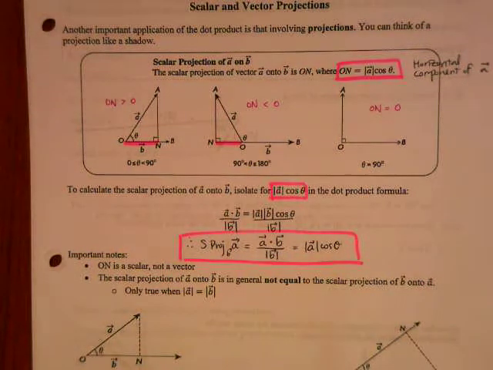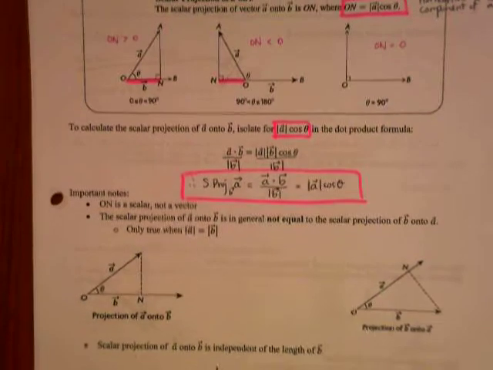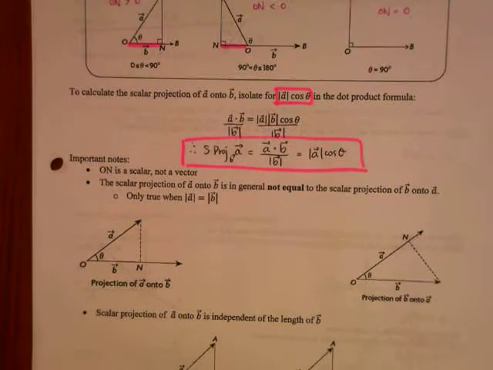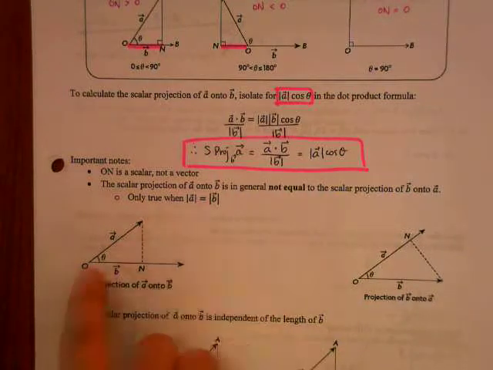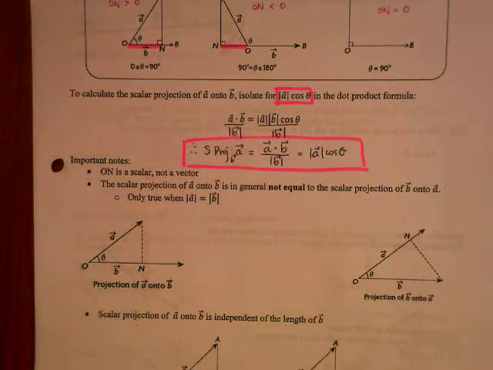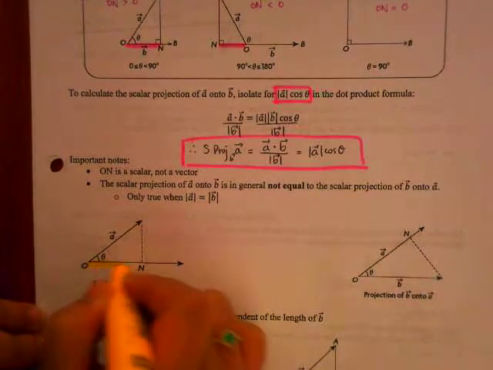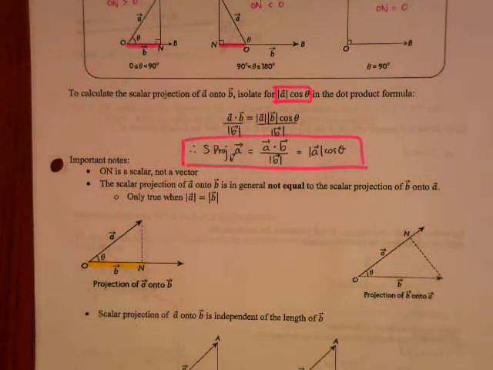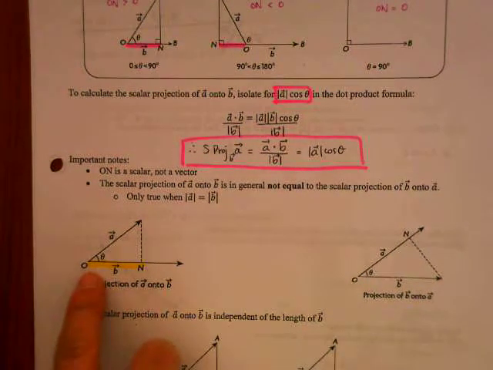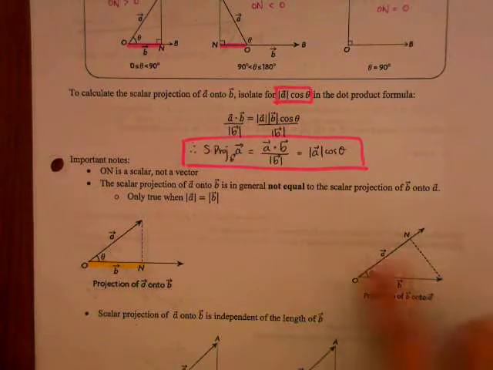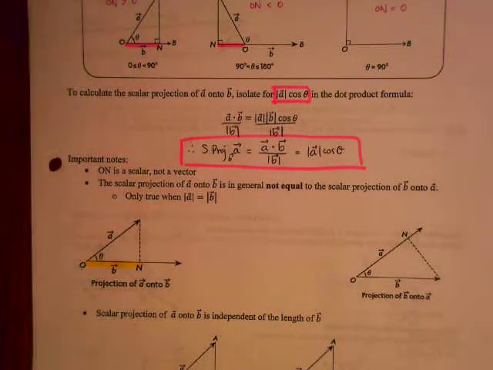Okay, a few things to keep in mind. ON is a scalar quantity, not a vector. And the scalar projection of A onto B in general is not equal to the scalar projection of B onto A. If you look here, this quantity ON is the projection of A onto B. Whereas if you flip it around so that we have the projection of B onto A, it'll be this quantity here.